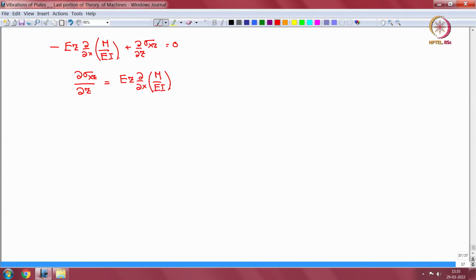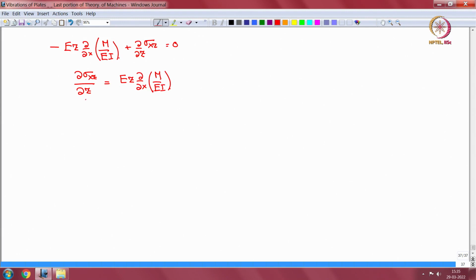So what I have here is minus E z del x of M by EI plus del del z sigma xz equal to 0, or del sigma xz by del z is equal to E z del del x of M by EI.